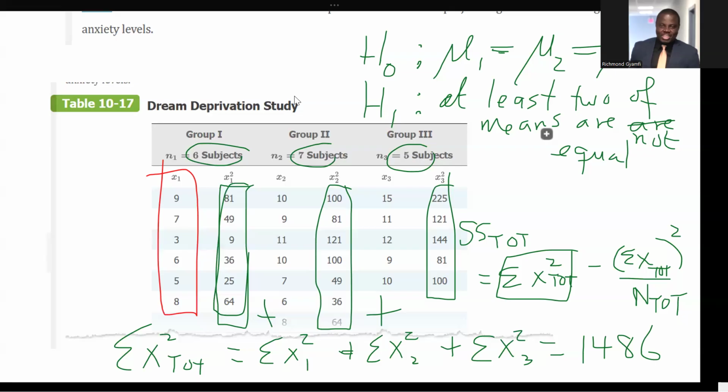And that gives me 61. And then group 3, 15 plus 11 plus 12 plus 9 plus 10, that gives me 57, which is 156. So this is what I'm going to have now.